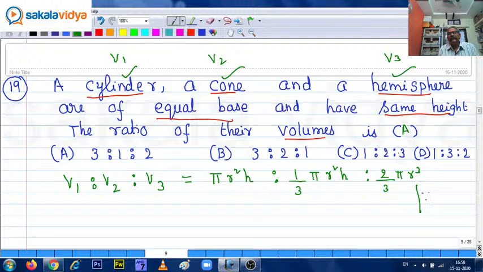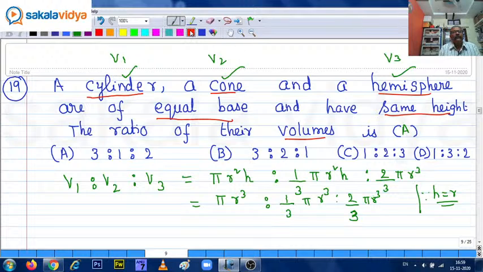Here it's clear that the height of the hemisphere h is equal to r, same height. In the place of h, substitute r. Pi r square into r, pi r cube, is to 1/3 of pi r cube, is to 2/3 of pi r cube.